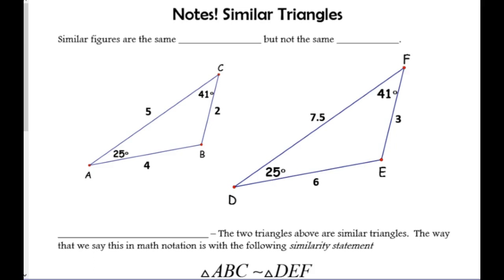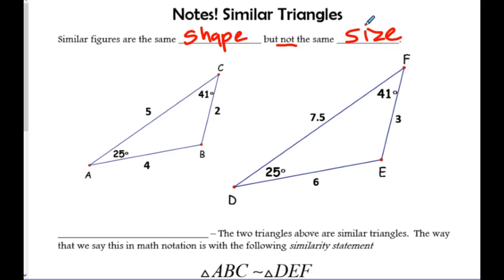So, let's talk about similar triangles. Similar figures are the same blank, but not the same blank. Now remember, congruent was same size, same shape. But similar means same shape, but not the same size, okay?